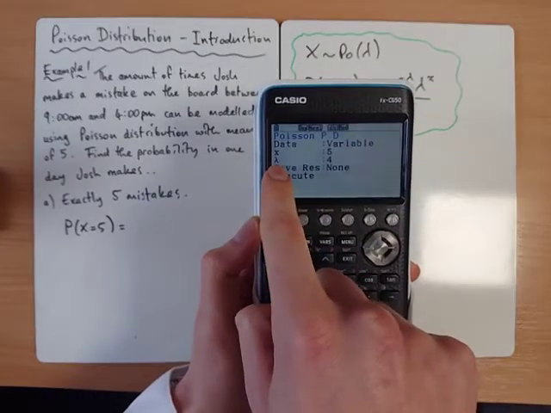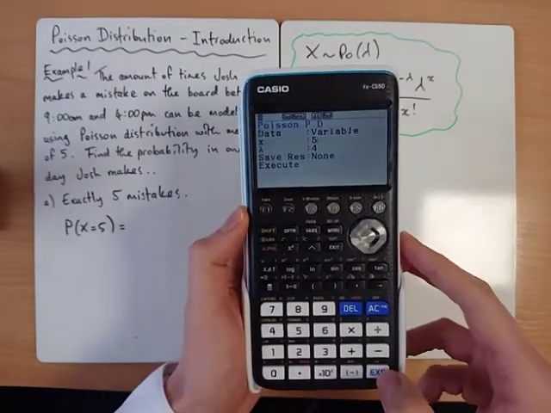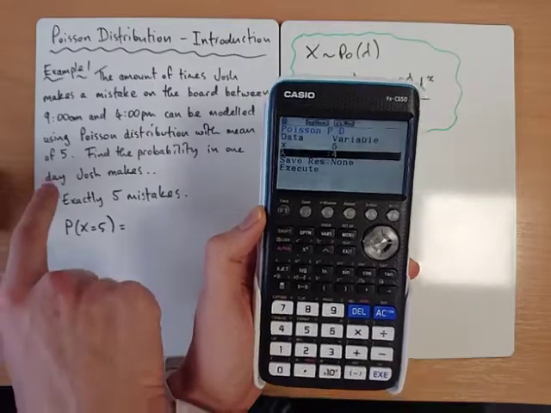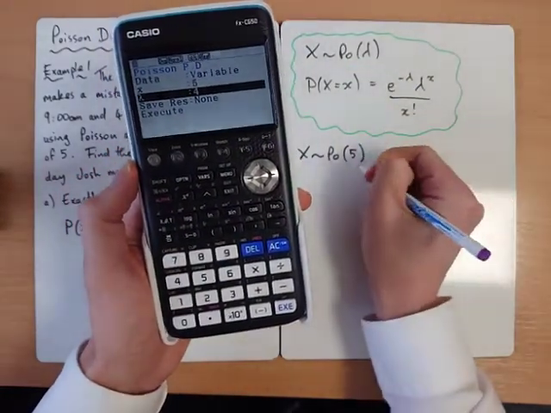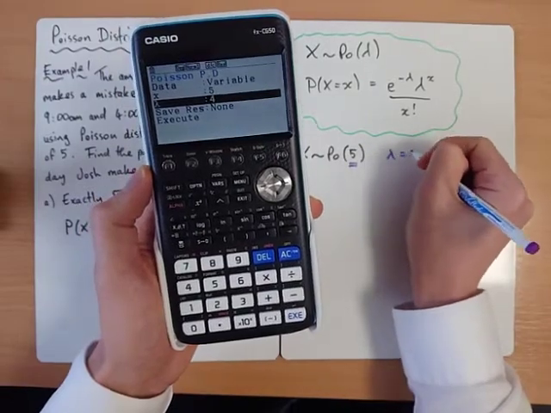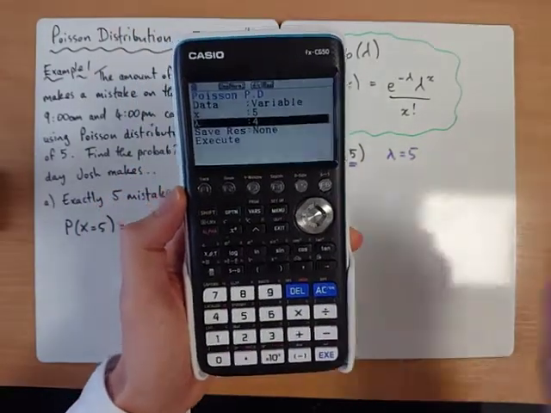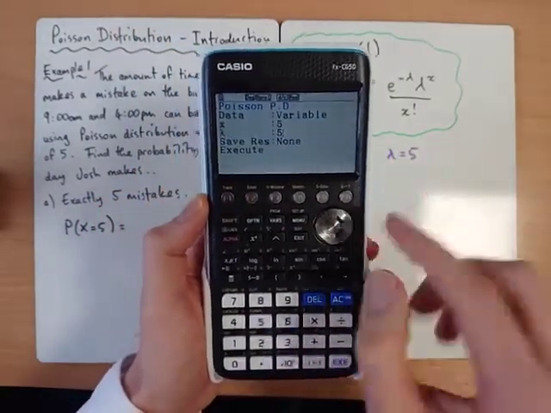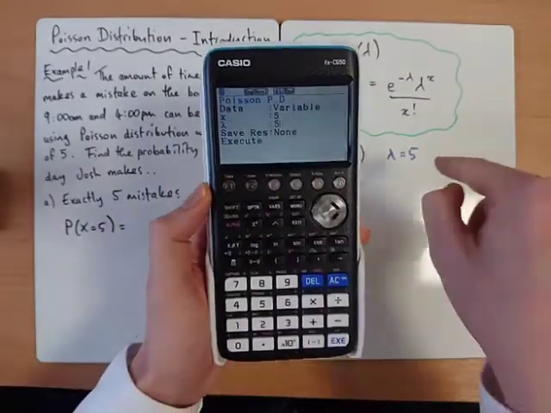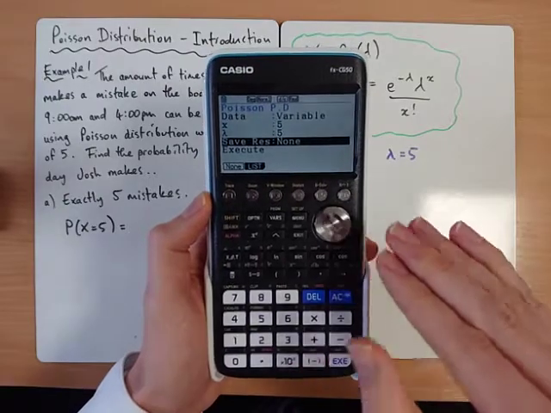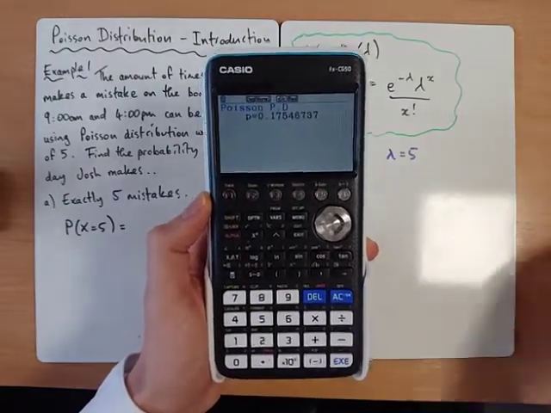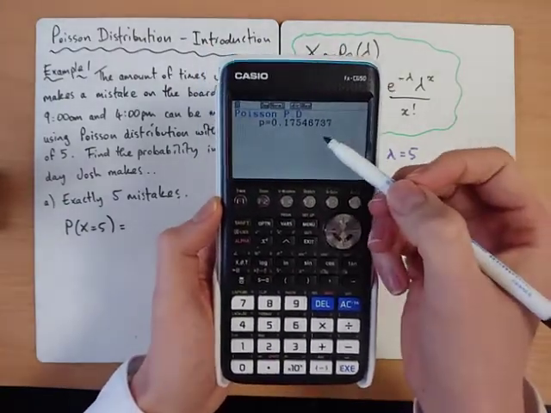Lambda represents the mean. In this question, I make an average of 5 mistakes per day. So both the value and the mean are 5 in this question. And then once you've entered those 2 numbers, you just press execute and the answer comes out.